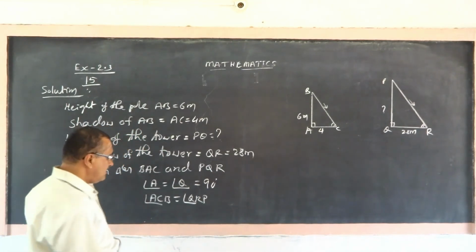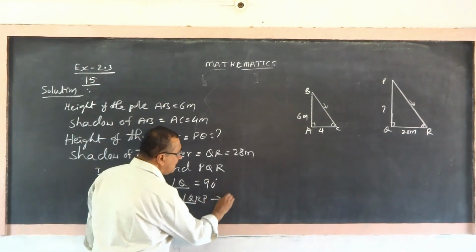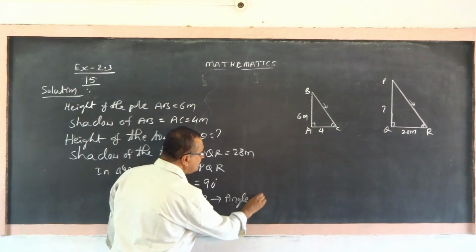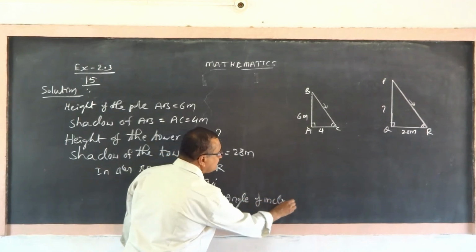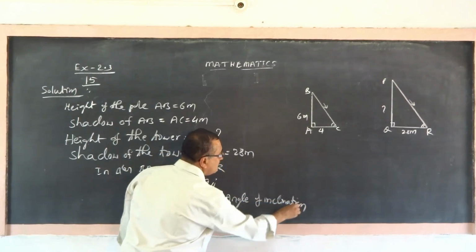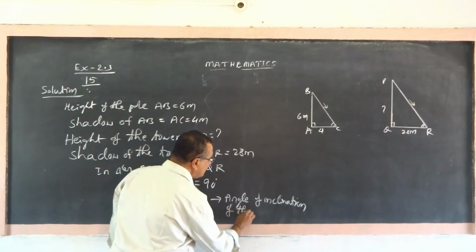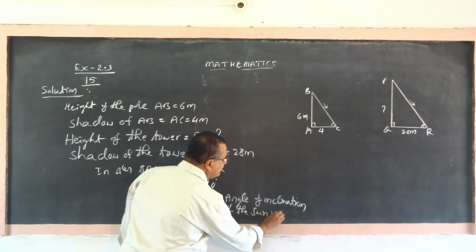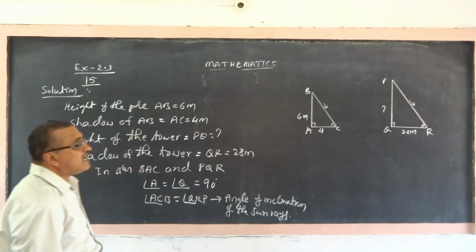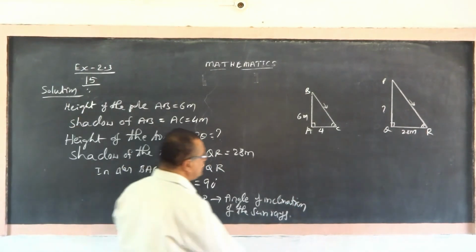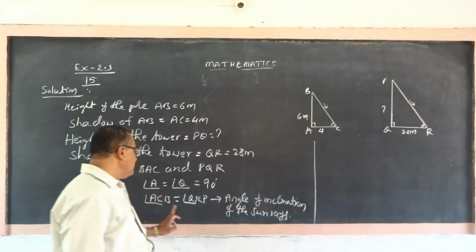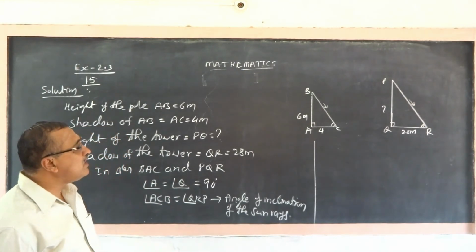Yes, angle of inclination of the sun rays. They are always equally inclined on all the objects. So therefore, angle ACB is equal to angle QRP.